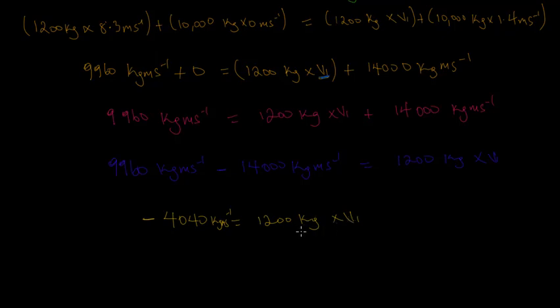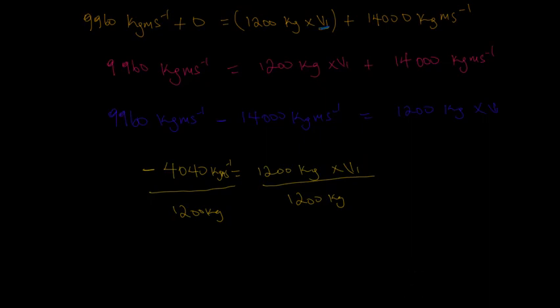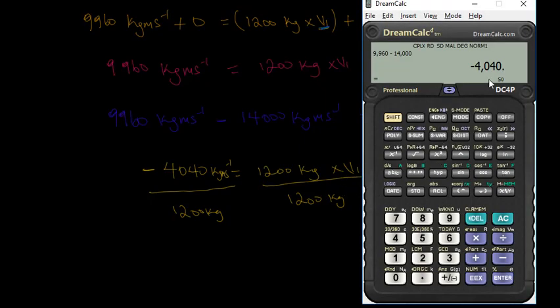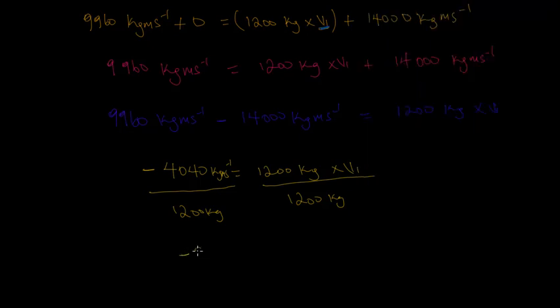On this side we're multiplying V1 by 1200 kilograms, so I'll divide both sides by 1200 kilograms. Taking our calculator again, we have negative 4,040 divided by 1200, and that is minus 3.37 meters per second, which is equal to V1.